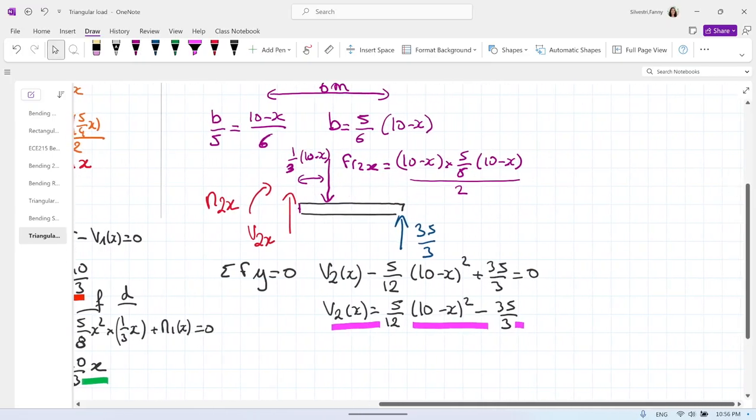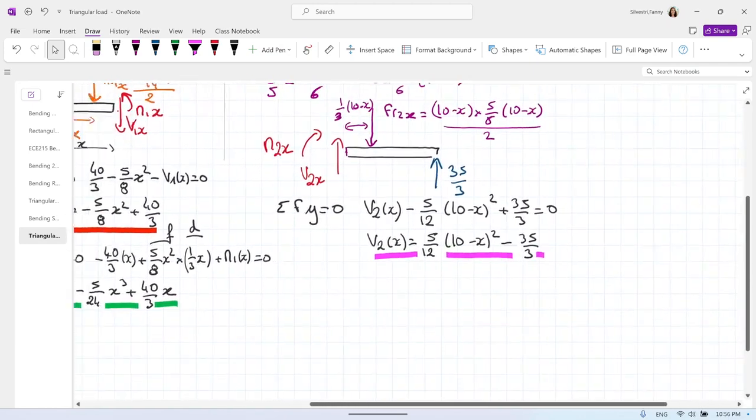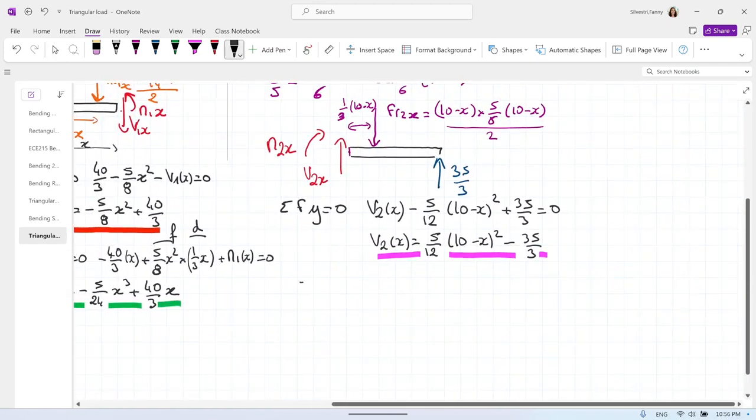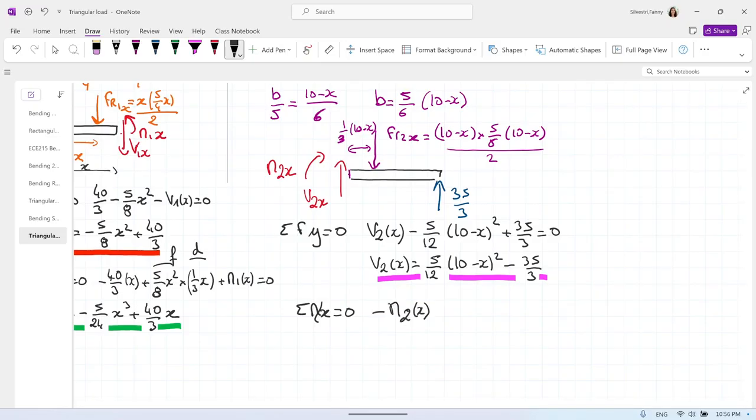And let's use this free body diagram to find the moment. So we have the sum of the moments about x equals 0. About x, we have minus the moment M2 of x, because the moment M2 of x is negative. FR2 creates a negative moment about x, so minus 5/12 times (10 minus x) squared. This is the force.